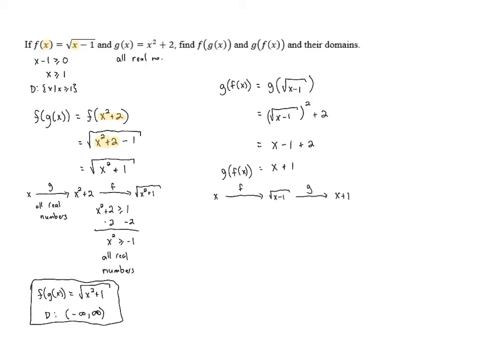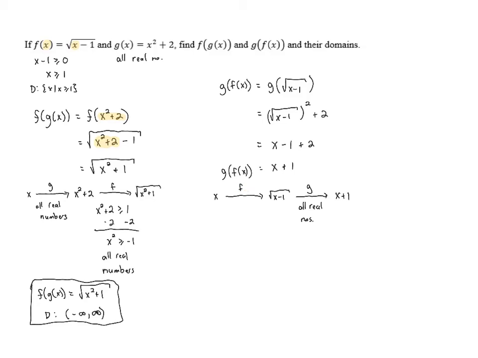Now, the domain of g is all real numbers. We saw that in the very beginning. So we don't actually have to worry about this part of the machine. It's this part of the machine that we have to be concerned with.